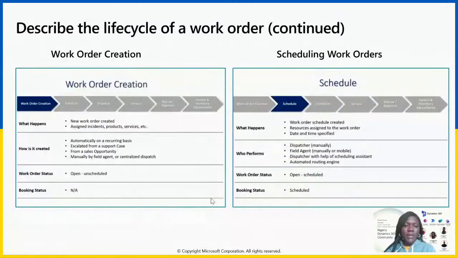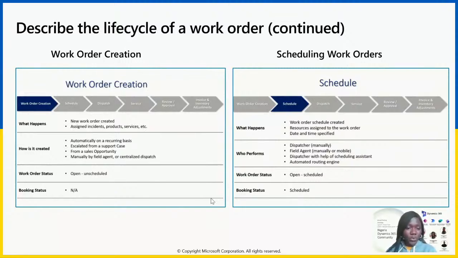So talking a bit more about the life cycle of the work order, I've explained this in a little more detail already. So you can see what happens at the beginning, how it is created, then what happens next, the status that the work order has.